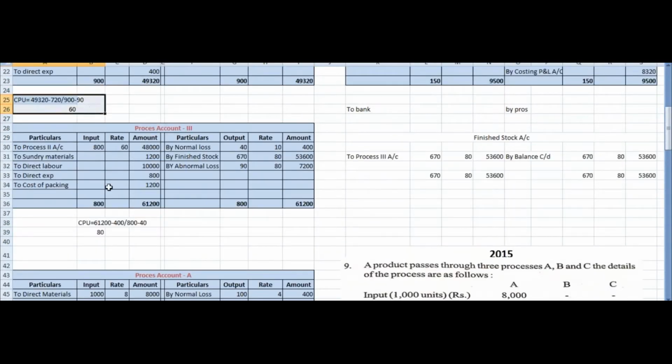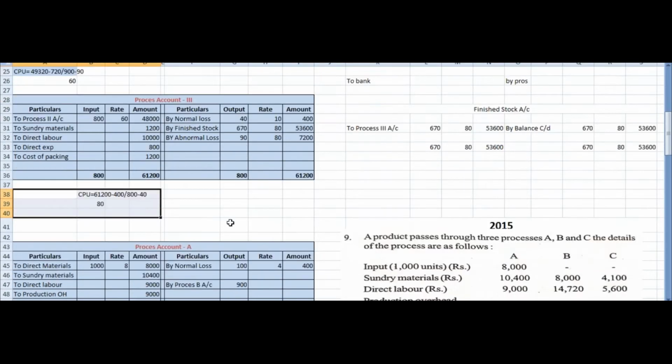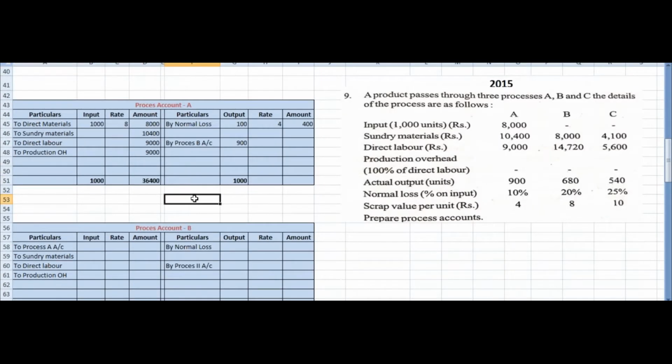What we did in the previous problem, no need to do like this. Now you need to go with the accounting concept, the balancing figure. The total of this is 36,400, and 36,400 minus this 400 is 36,000. 36,000 is the balancing figure.